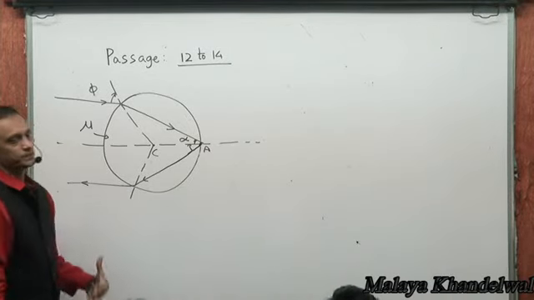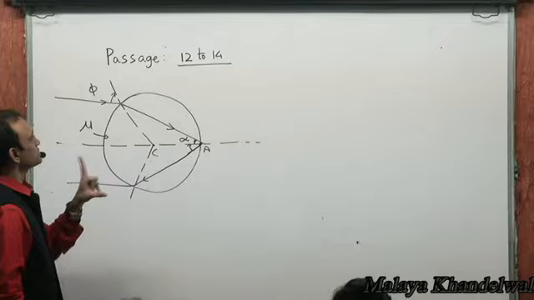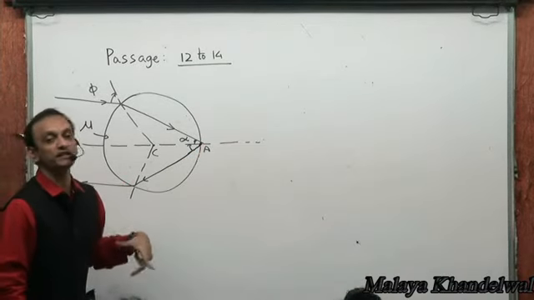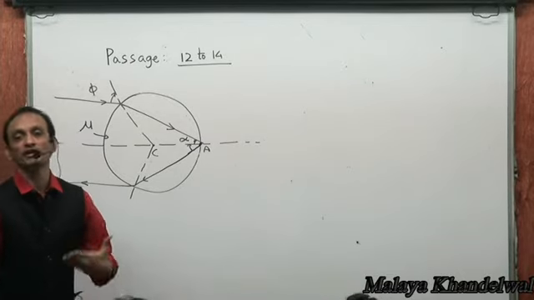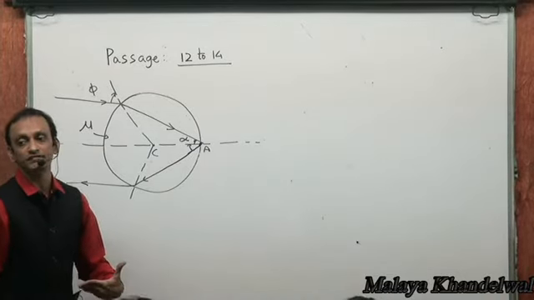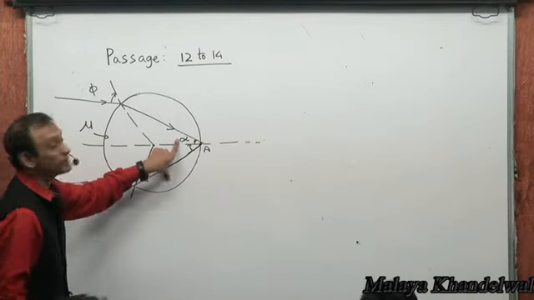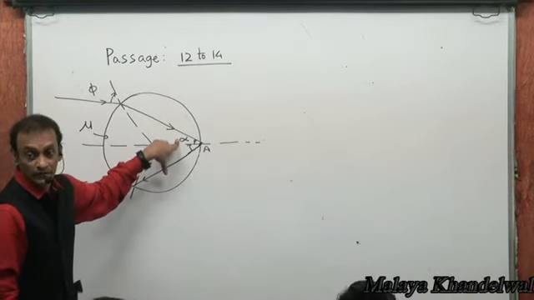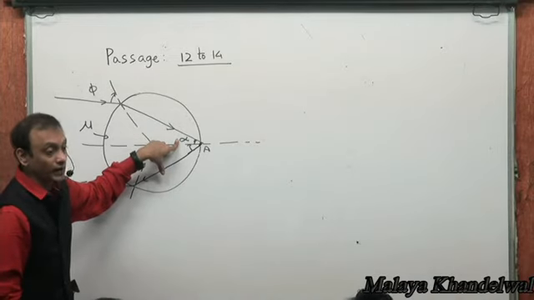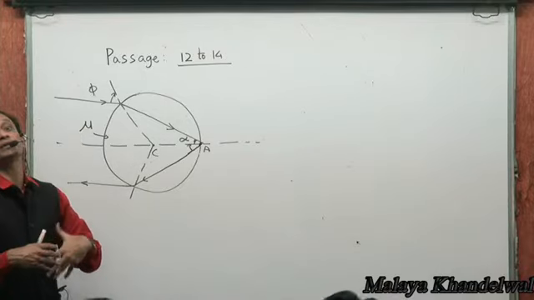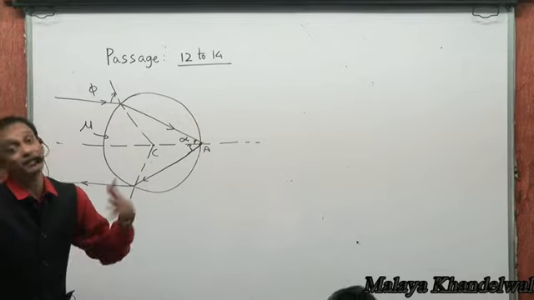Now the first part of the problem is whether rays of light will get totally internally reflected or not. That's going to happen if alpha were to be more than the critical angle. If this angle were to be more than the critical angle, there would be total internal reflection. Otherwise, there is going to be a combination of reflection and refraction.